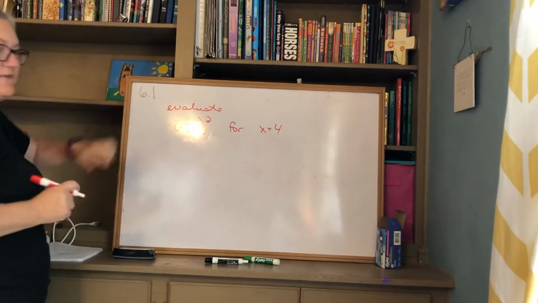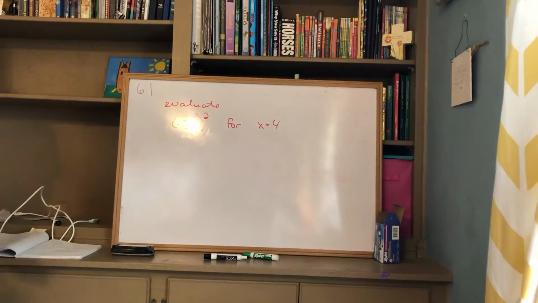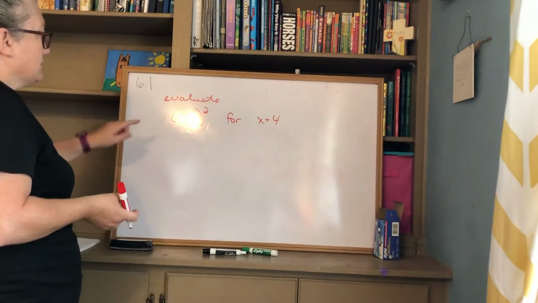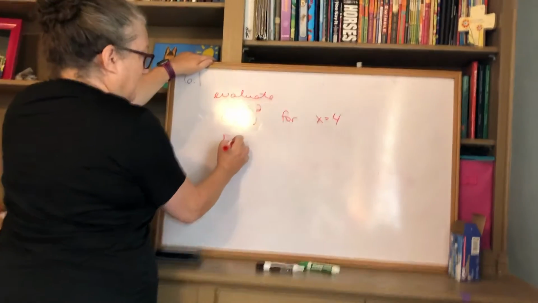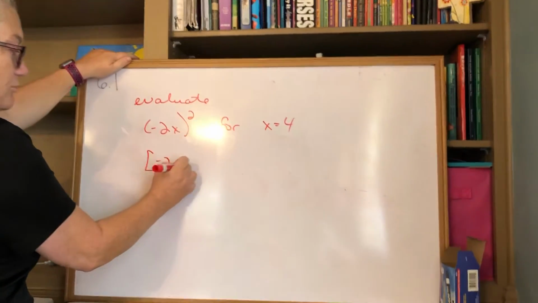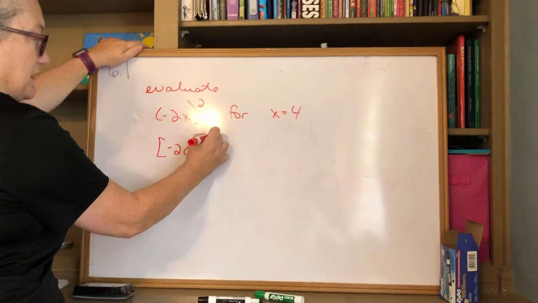Okay, remember whenever we evaluate, we're going to put a pocket wherever that variable is, and we're going to put in a number. So since I'm going to be putting a parentheses here, I'm going to bump this up and make it a bracket, -2, parentheses, and then bracket, and all that squared.